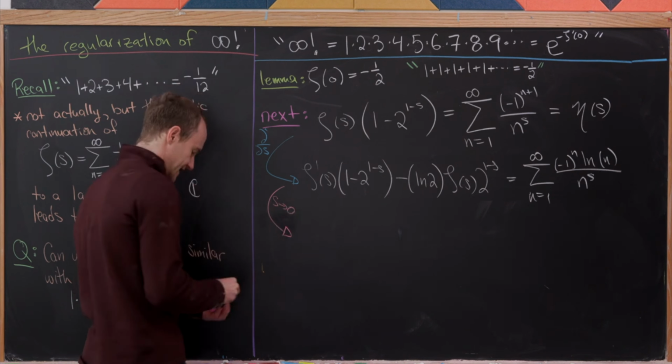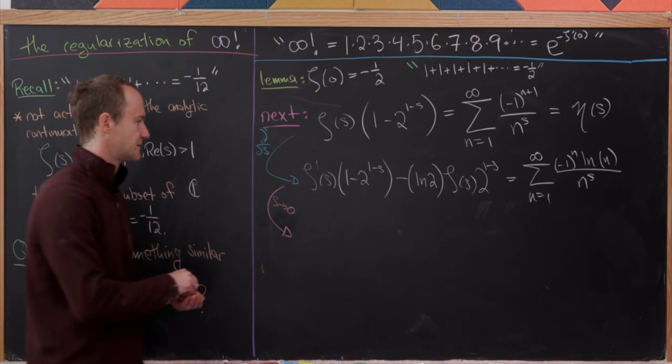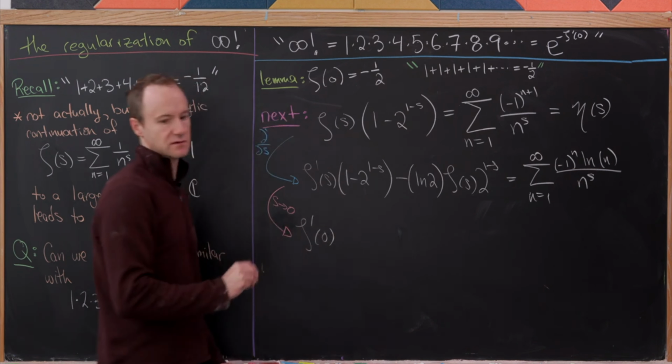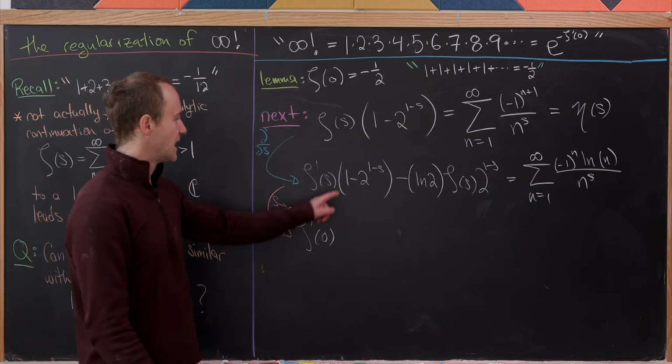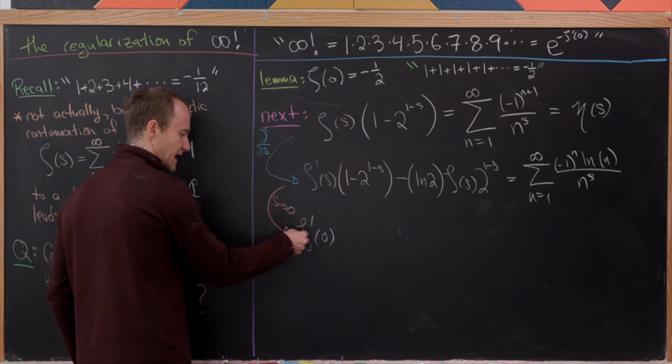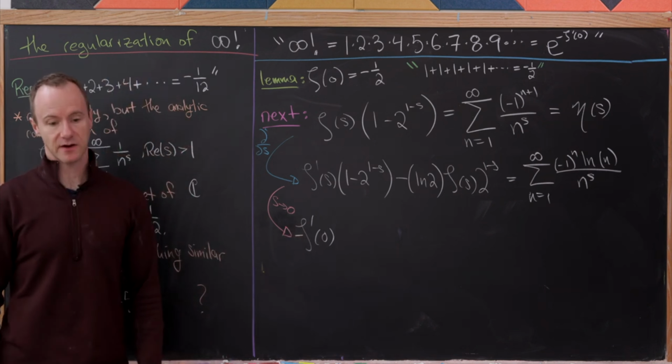So let's send s to 0 and see what we get. So here we're going to have zeta prime of 0, which is in some ways our goal. Here we're going to have 1 minus, well, that's 1 minus 2, so that's a -1. We'll just put the -1 right here.